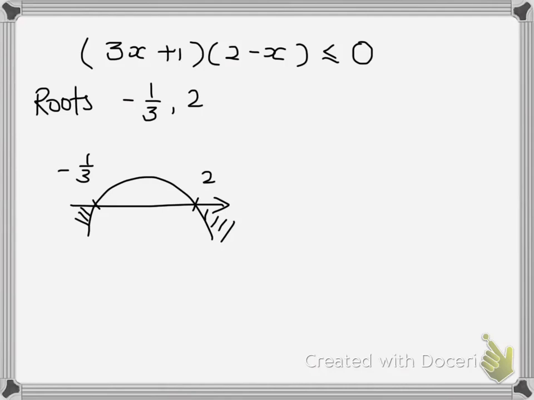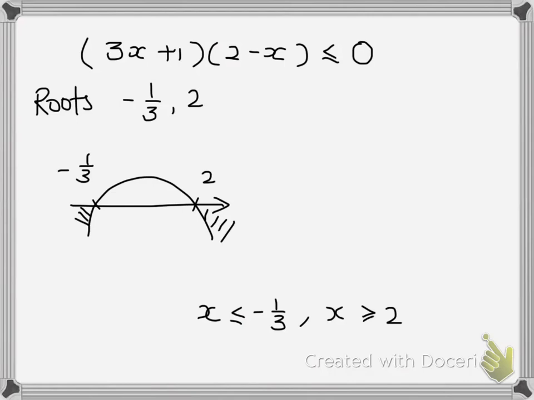Because it is a maximum curve, that's why it looks like this. So your solution will be x less than or equal to negative 1/3, because it also has equal, so you must put that equal sign there, or x must be greater than or equal to 2.